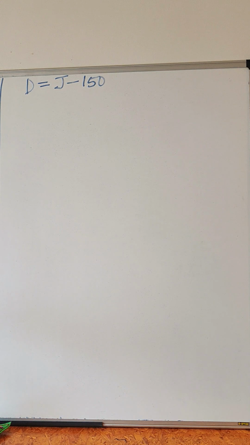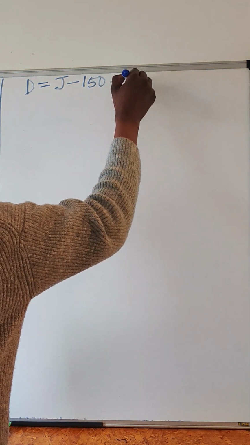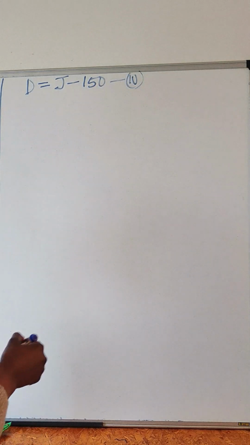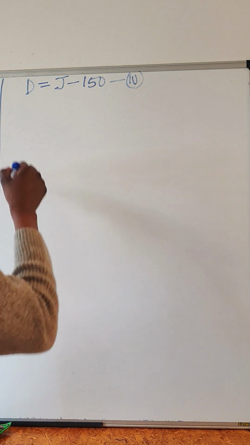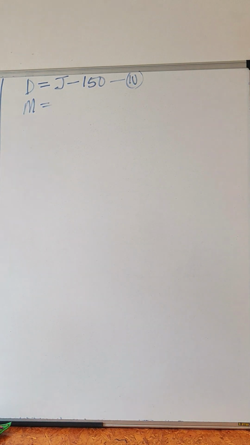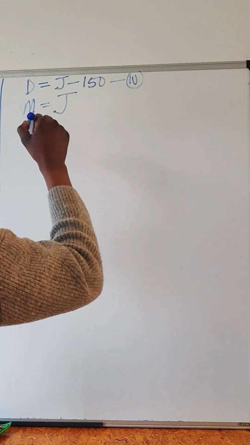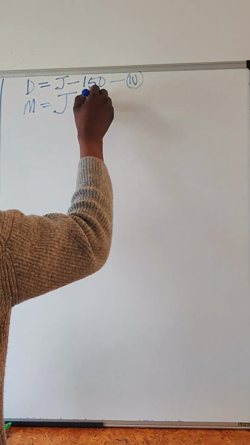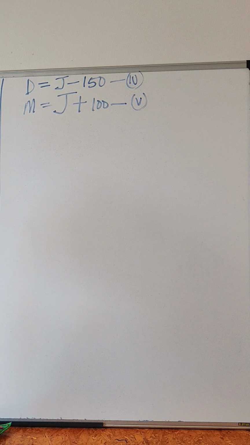That is D, the subject of the formula, and this will be equation 4. Also, make M the subject of the formula in equation 2. That gives us capital J plus 100, which is equation 5.